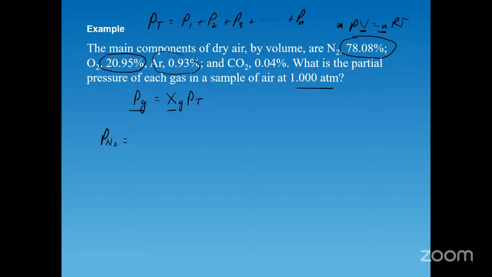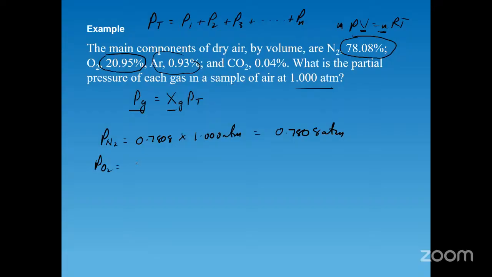I'm going to express this as a decimal number, 0.7808. That's the mole fraction, multiplied by the total pressure, which is 1.000 atmospheres. And that would be equal to 0.7808 atmospheres.